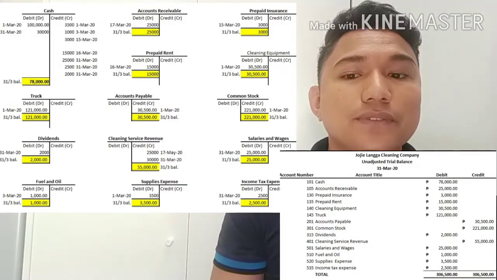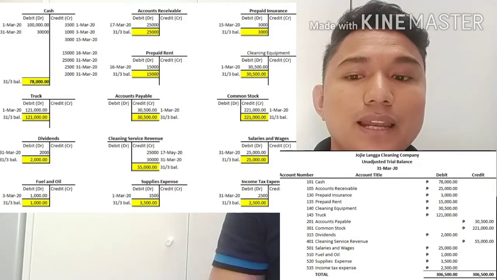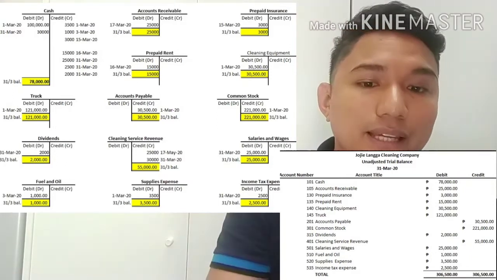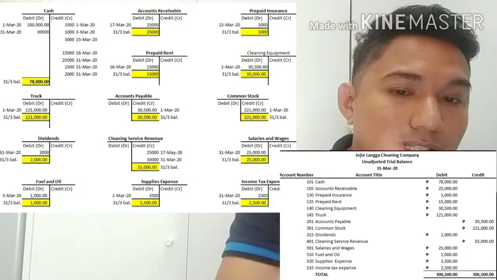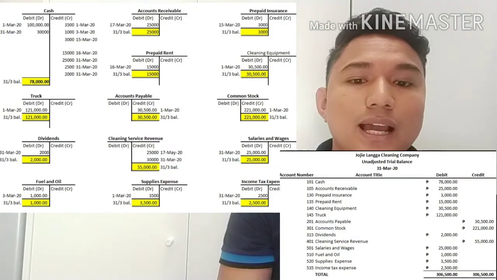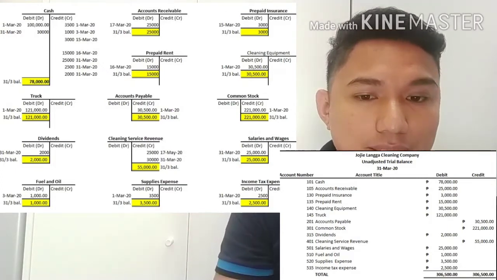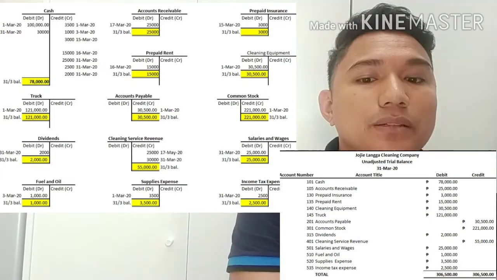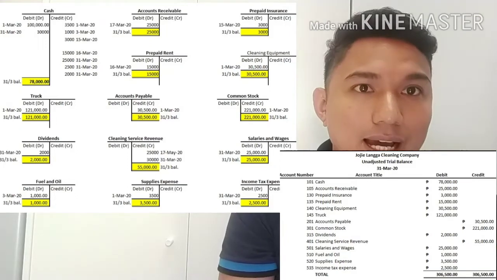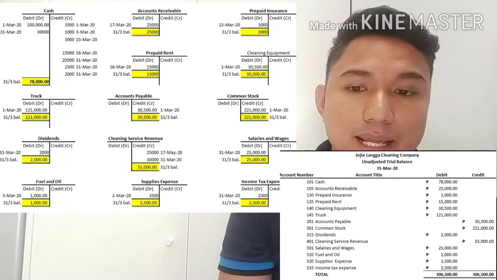So what is the balance of cash? Let's check the ledger. The balance of cash in the ledger is 78,000. So we'll transfer in the debit side 78,000. Accounts receivable, we have a debit balance in the ledger of 25,000. So we'll put it in the debit column in the unadjusted trial balance.